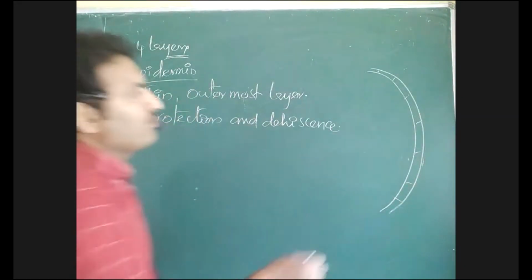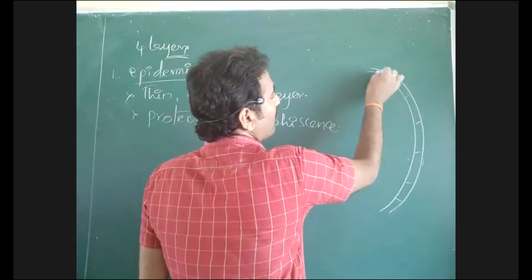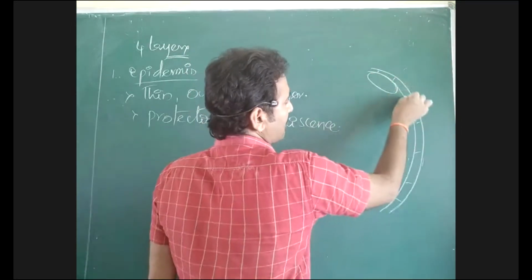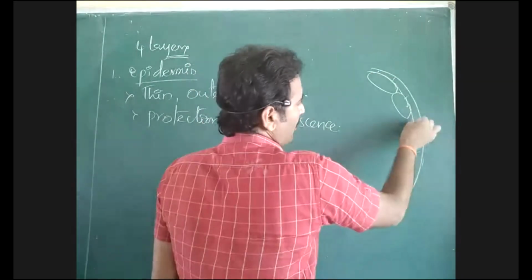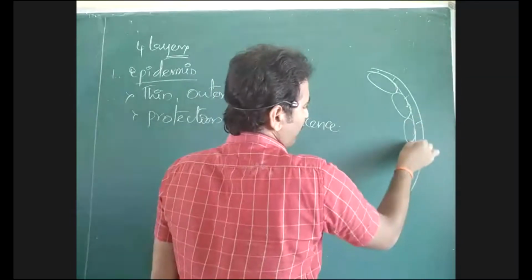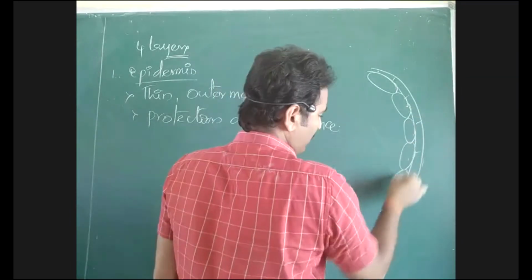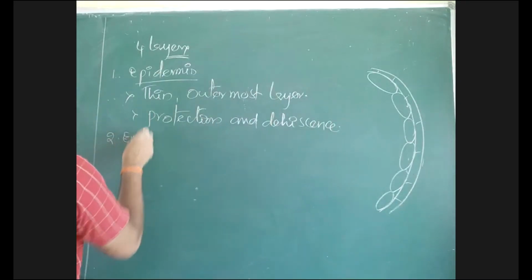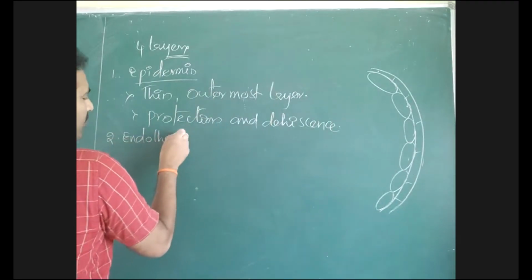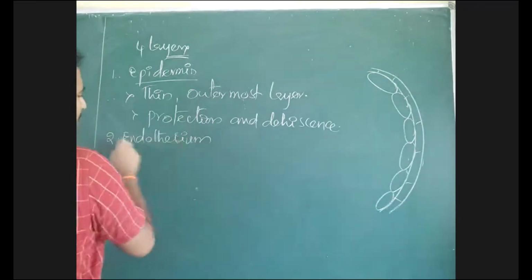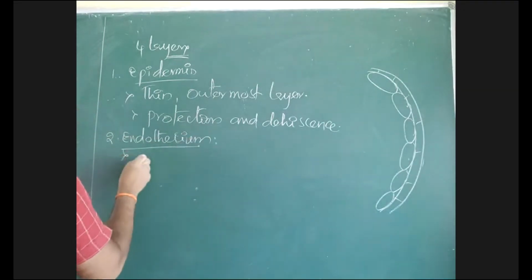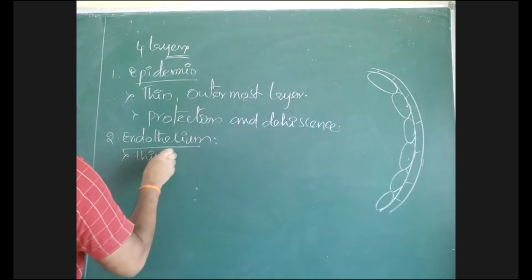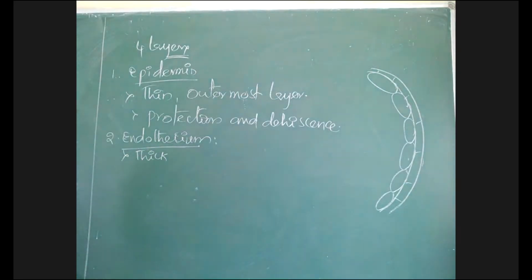Below the epidermis, there is another single layer of cells called endothecium. The second layer is endothecium. This endothecium is a thick layer.